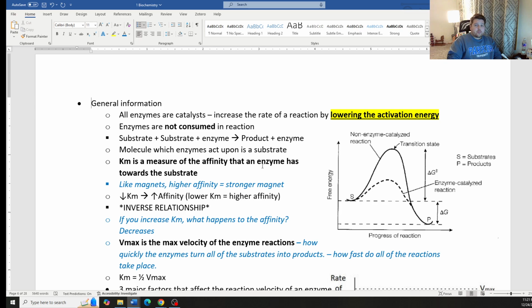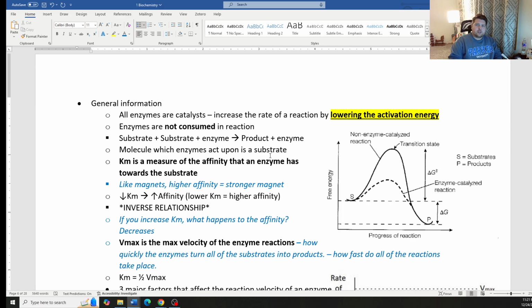Some general information about enzymes, kind of what are they? All of our enzymes are catalysts, which means that they make things happen faster, they make things happen sooner. The way that they do that is they lower the activation energy.